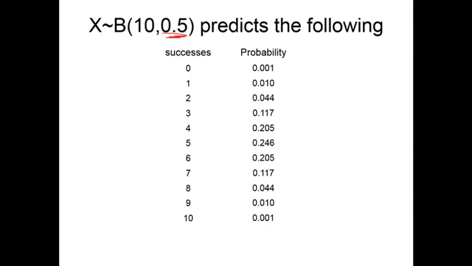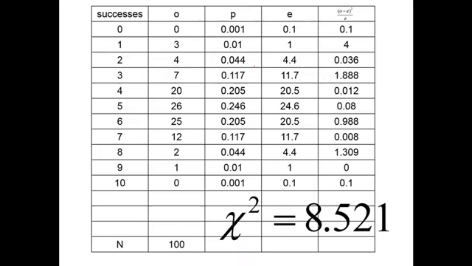I looked at the probability model here for 0.5. Okay, so this is the probability model, not for 0.3 like I tested, but for 0.5. And I put this in.